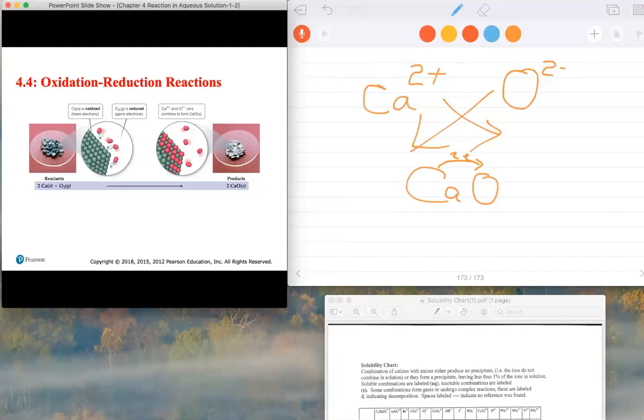If you can, use the periodic table and predict the ionic charges in the compound. That will tell you where the electrons are coming from and where the electrons ended up. So you don't have to memorize that calcium is positive 2 and oxygen is negative 2. Using the periodic table, predict the ionic charges from the formula.